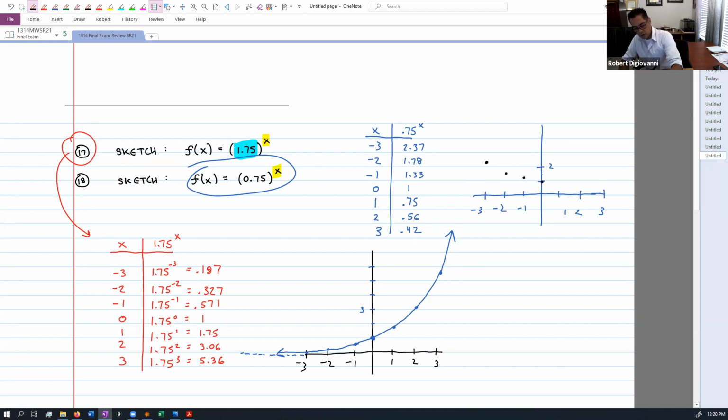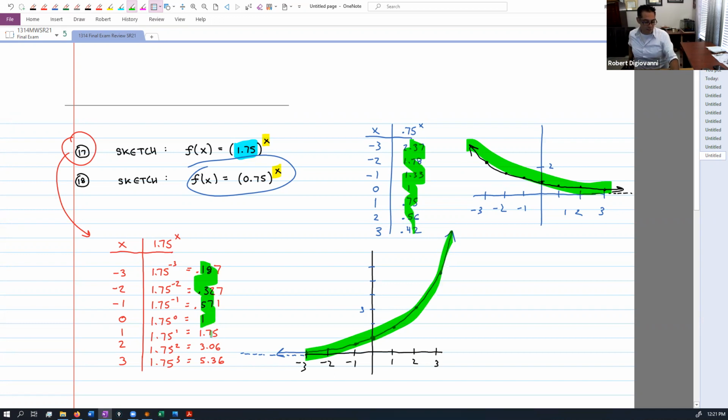Then you're at 1. Then you're at 0.75. Then 0.56, 0.42. So it's an exponential decay. So this side goes up, and then flattening out over here to a horizontal. So what I'm most concerned with is that your picture looks like the correct type of growth or decay. Like you need to make sure you have that right and this right. And then of course your table values need to be correct.